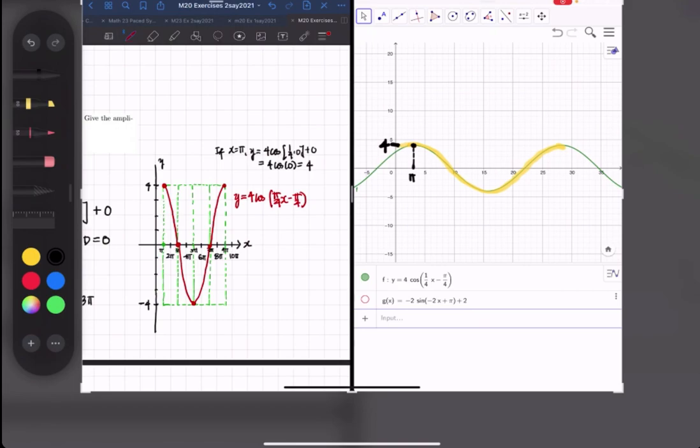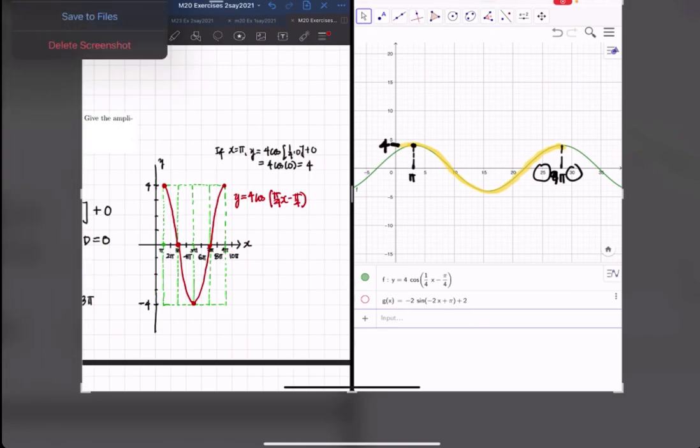So, mukhang legit naman dun sa graph niya. Tapos, dito, tatama siya sa 9 pi. 9 pi is around, mas malaki siya sa 27, no? Which is legit naman sa graph. Kasi this is 25 and this is 30. Okay? Questions?